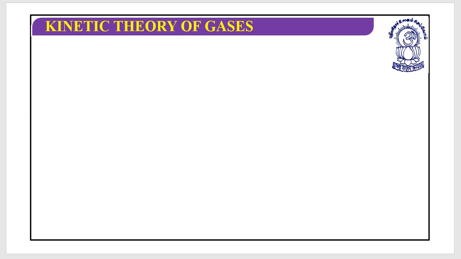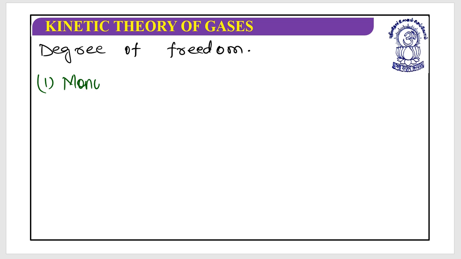So now let's understand the degree of freedom and discuss it particularly gas by gas. Let's begin our study with monoatomic. When I say it's a monoatomic gas, let's suppose it has a single molecule only.